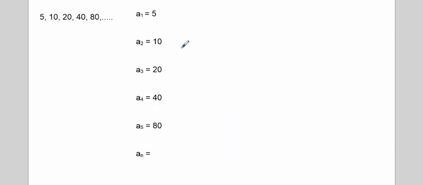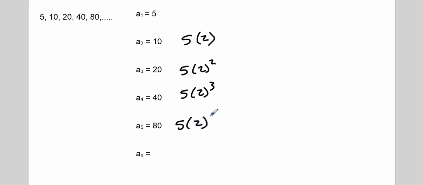Now, just like in the arithmetic, we'll go ahead and develop how we would get an explicit formula for a geometric sequence. We know that 10 is 5 times 2, and we know 20 is 5 times 2 squared, 40, 5 times 2 cubed, 80, 5 times 2 to the 4th.